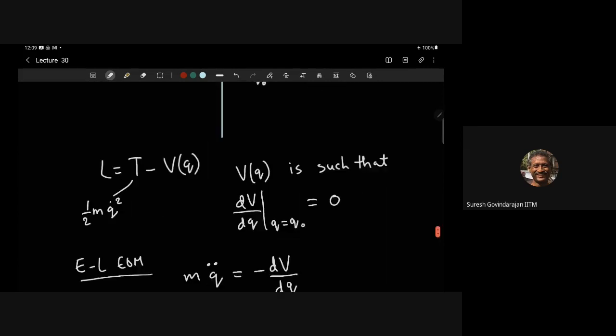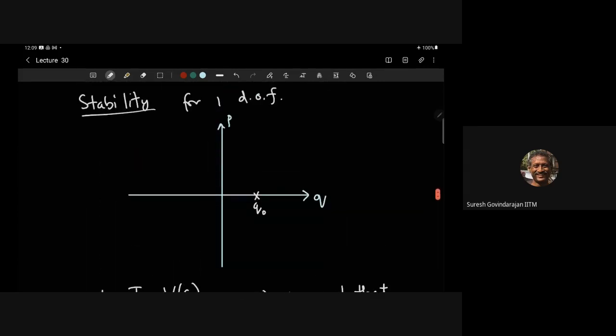Now the question about stability of this fixed point comes, and we do this by doing something simple. We keep P at 0, but we will now move it to a neighboring point.